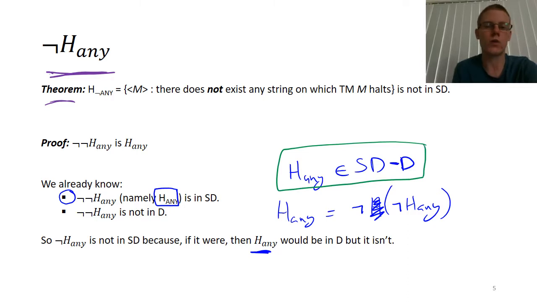So it's actually quite simple using known languages already to reason on the fact that any language which is semi-decidable but not decidable, its complement must be not decidable.